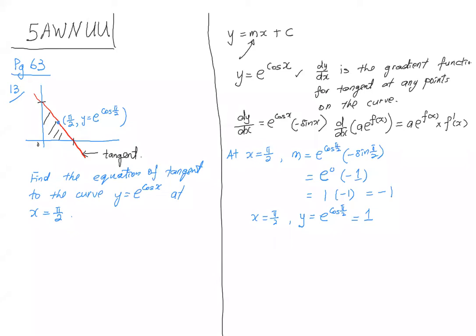So now I have the gradient, I have the point, so I sub into y equal to mx plus c.